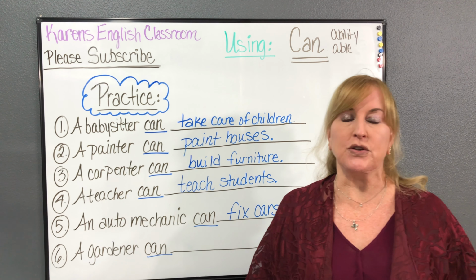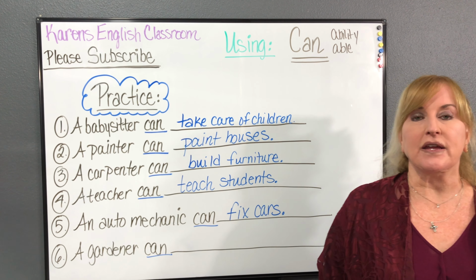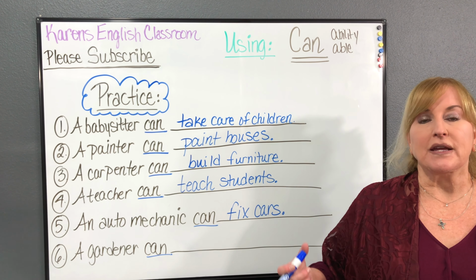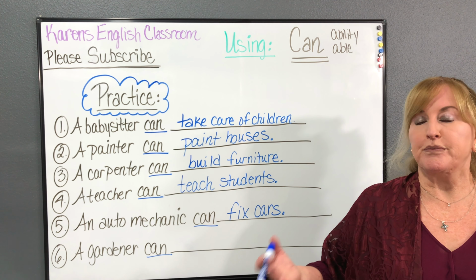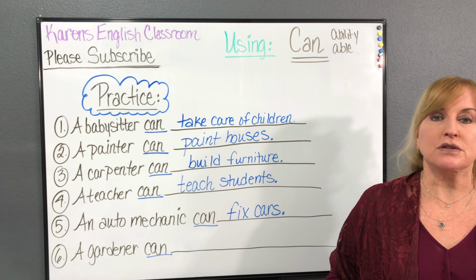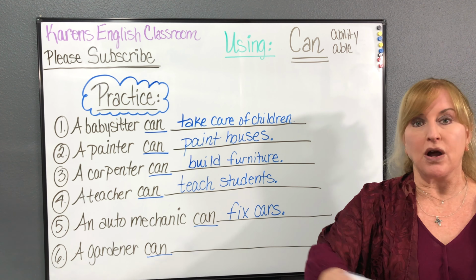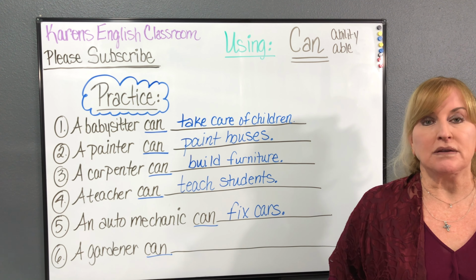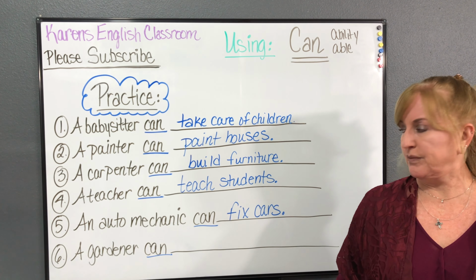Let's look at number 6, a gardener. So gardeners can do lots of things. They can mow the grass, they can fix the plants, plant plants, fix sprinklers, plumbing around the yard, landscaping. They can make your yard beautiful.